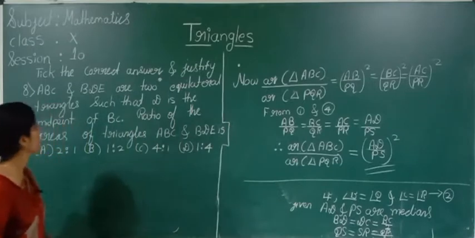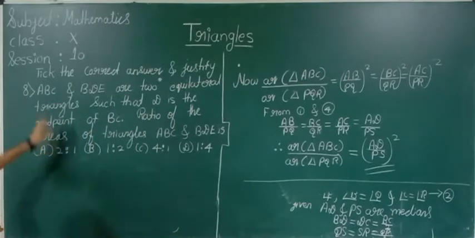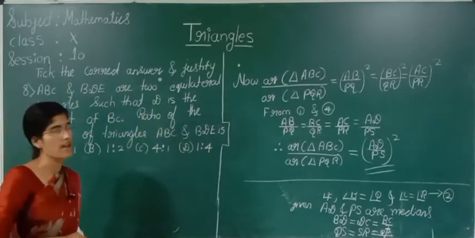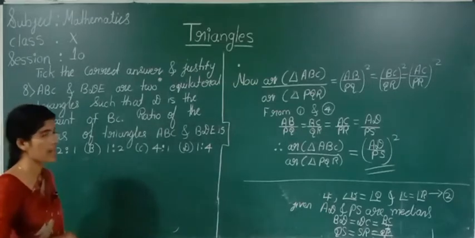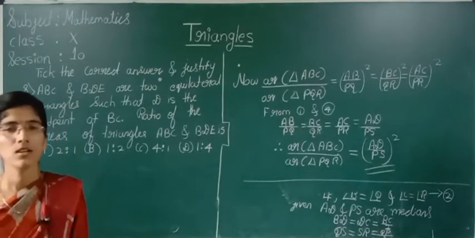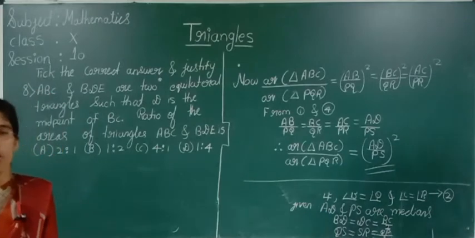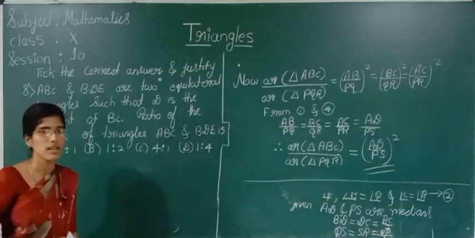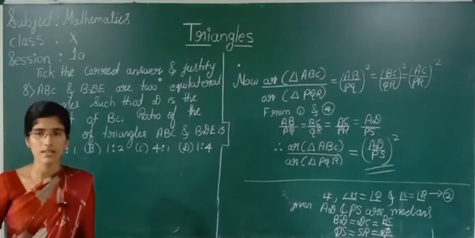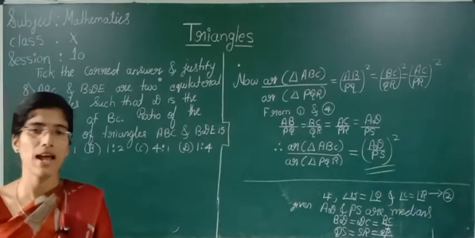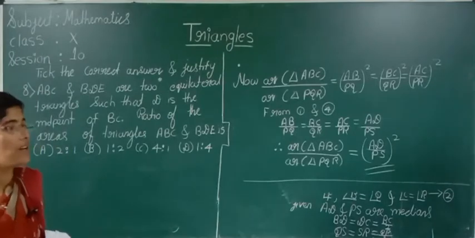Now see here, the 8th question tells us that you have to tick the correct answer and justify. ABC and BDE are two equilateral triangles. Equilateral triangle means a triangle in which all sides are equal, right? A triangle is said to be equilateral if all its sides are equal.